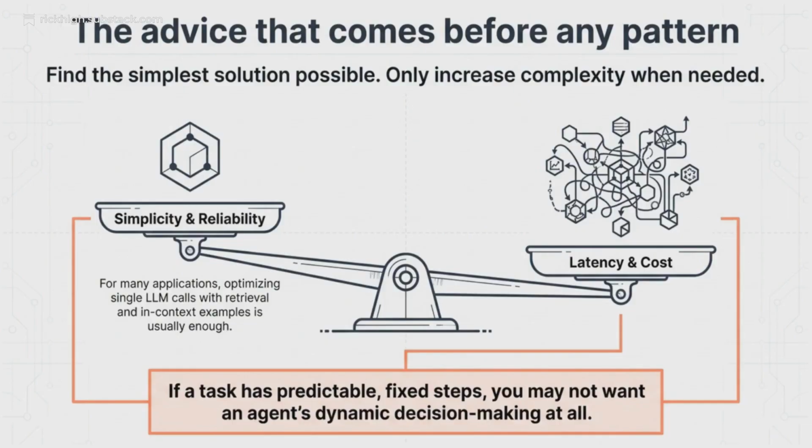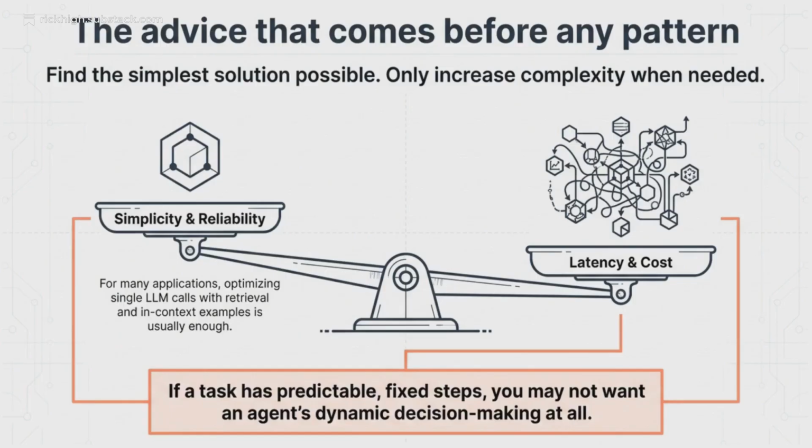Before a single pattern, here is the load-bearing principle. Find the simplest solution possible, and only increase complexity when needed. Agentic systems trade latency and cost for better task performance, and that trade is not always worth it. For many applications, optimizing single LLM calls with retrieval and in-context examples is usually enough.